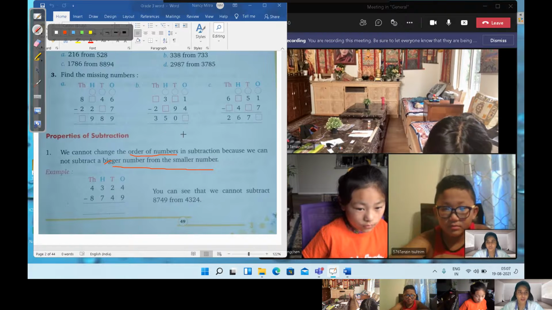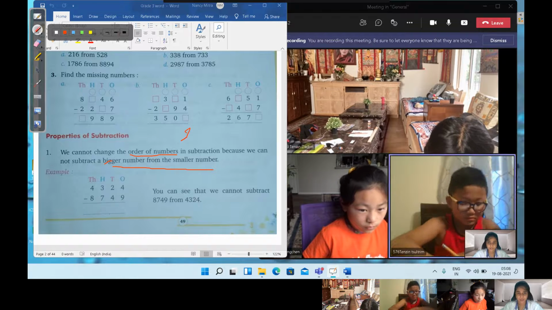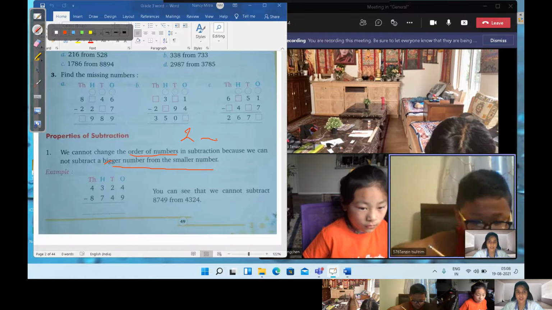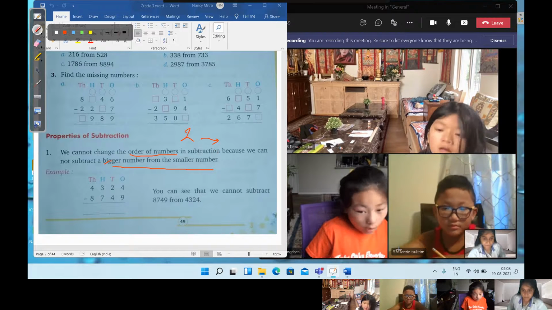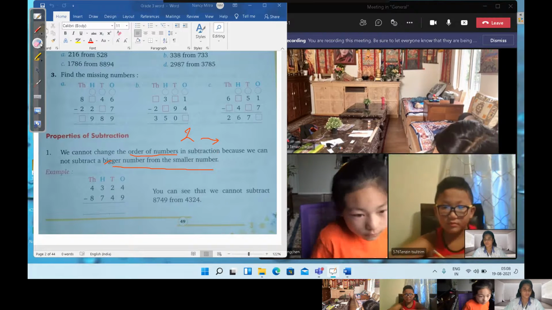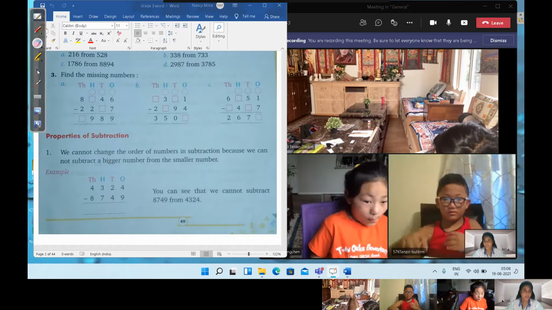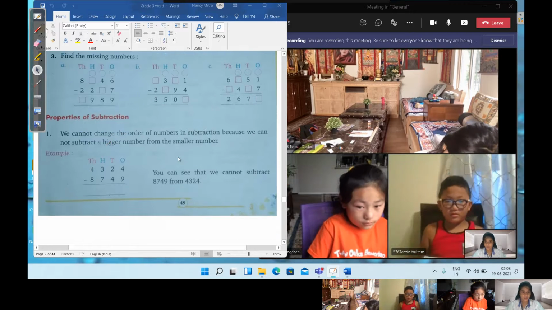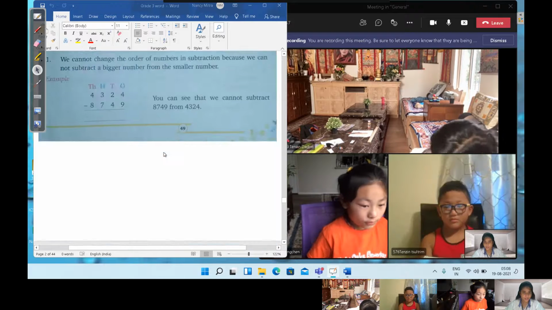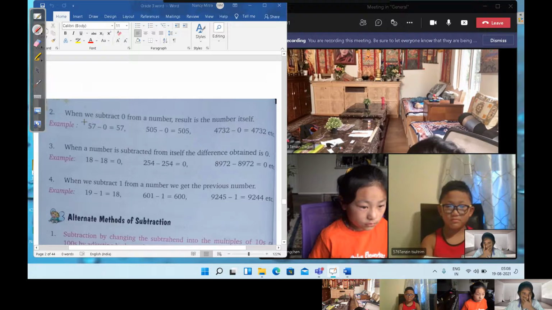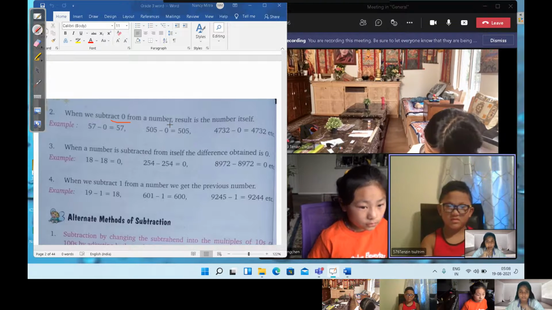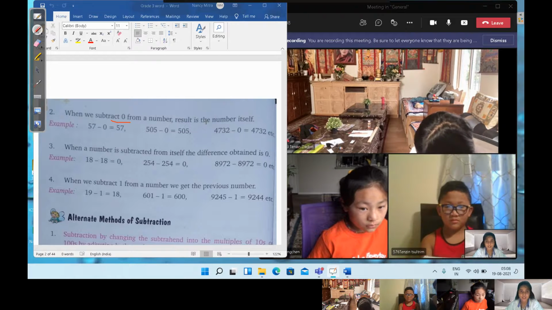For example, if you have only 2 pencils, then you can't give 3 pencils. So that's why we can't change the order of subtraction. And the second property of subtraction is that when we subtract 0 from any number, the result is the number itself.